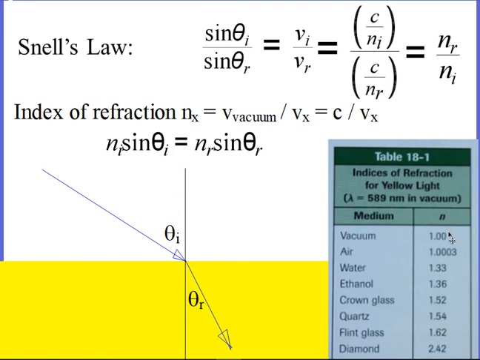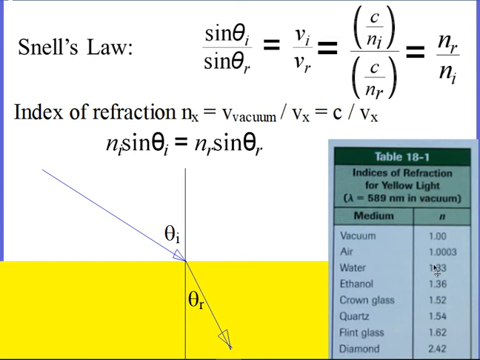And of course, notice that all of these are bigger than 1 because all of the velocities are going to be less than the velocity in a vacuum. So be sure that that always turns out the case. If you ever get the index of refraction smaller than 1, you know you've made a mistake.